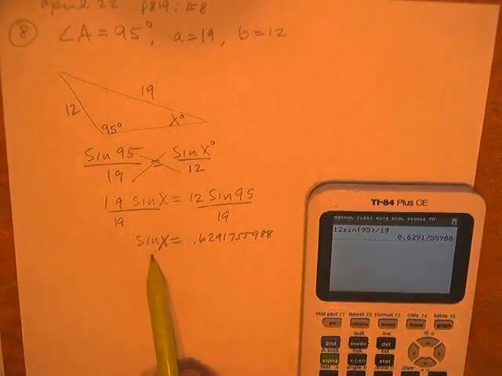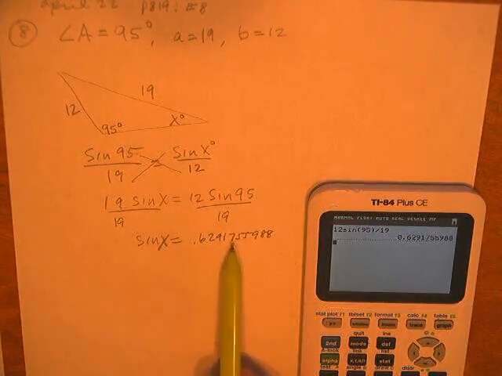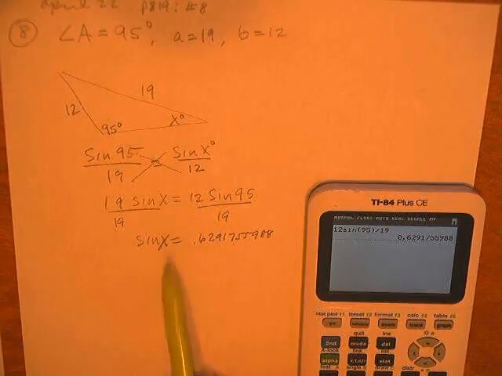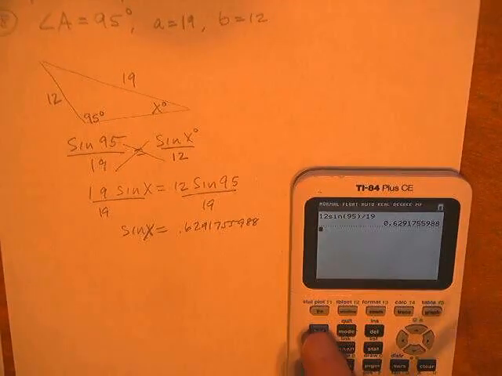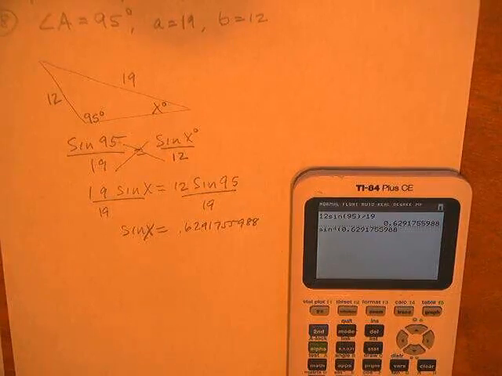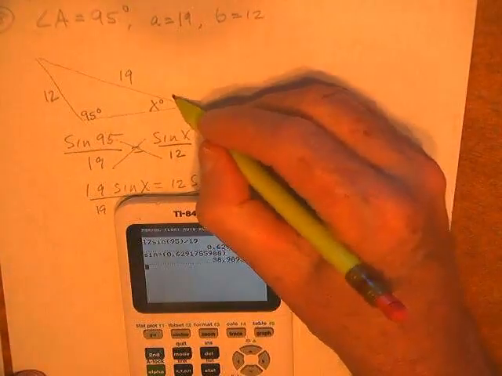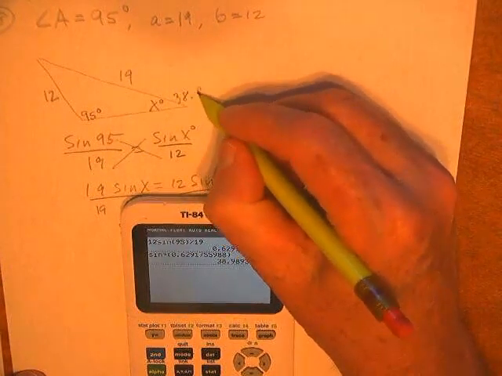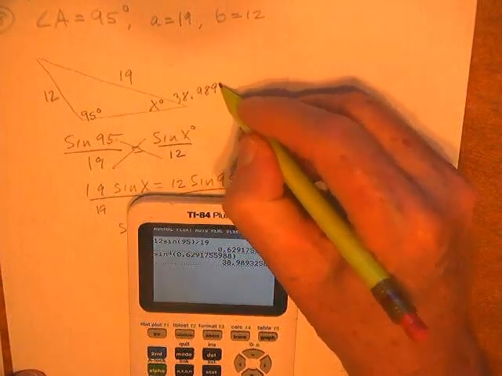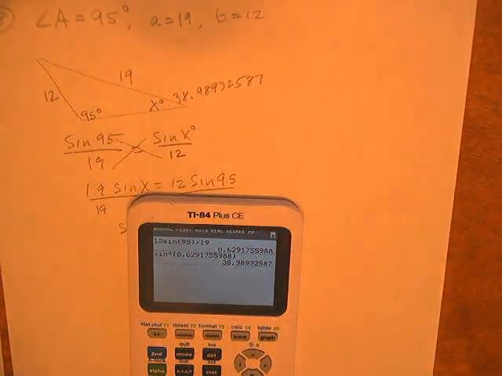So what this means is somewhere there's an x and it has this as its sine. So anytime we want an angle, we've already learned this, I would do second sine. I'm going to go up and get that decimal. There's the angle, 38.989, don't round this, 32587.